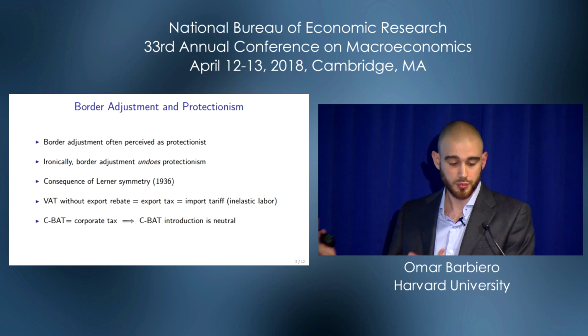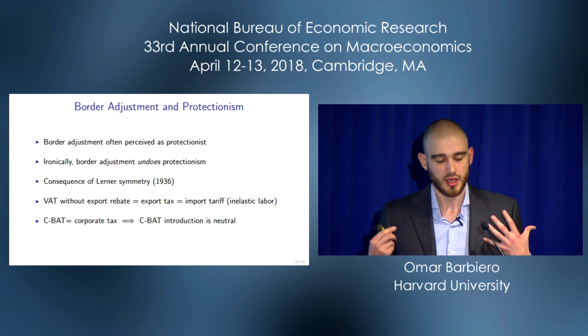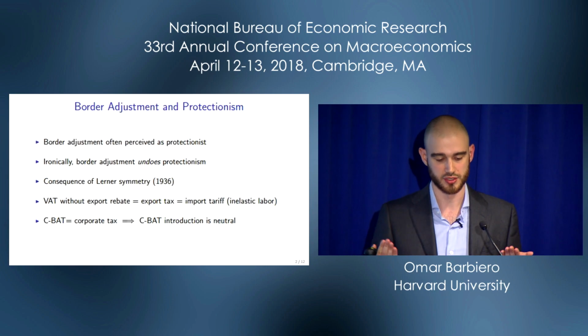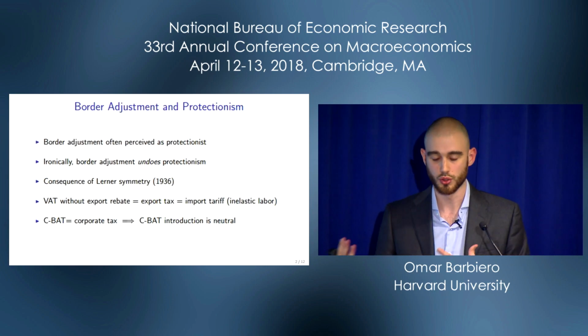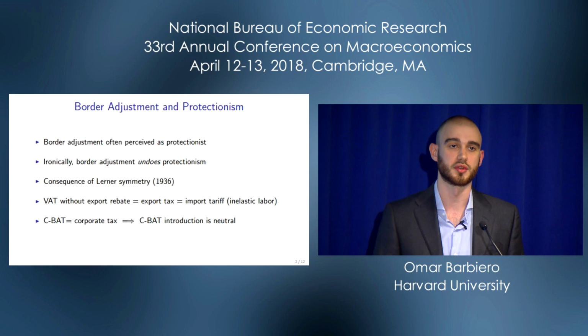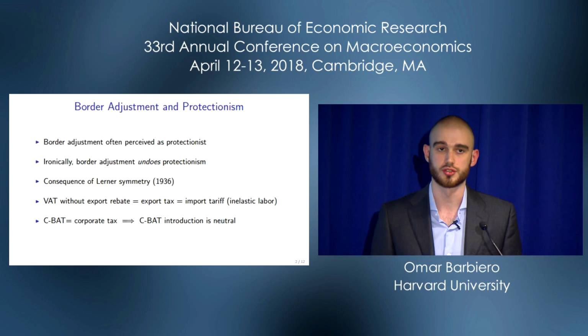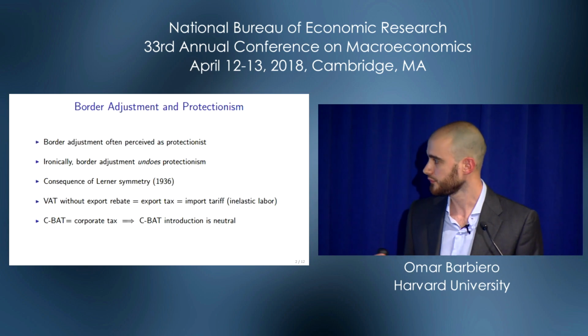Similarly, for the corporate border adjustment tax, the Lerner symmetry tells us that we are applying two offsetting taxes when we border adjust the corporate tax system. And that should also have no real economic effect, or in other words, it should be a neutral introduction of this border adjustment.